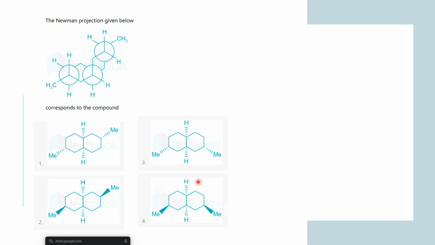For that, you will have to keep your eye here first and you can imagine, suppose we are talking about the first option, you can imagine this CH2 to be this one and this CH2 to be this one. Okay, hence at the first glance we know that this cannot be the correct option.